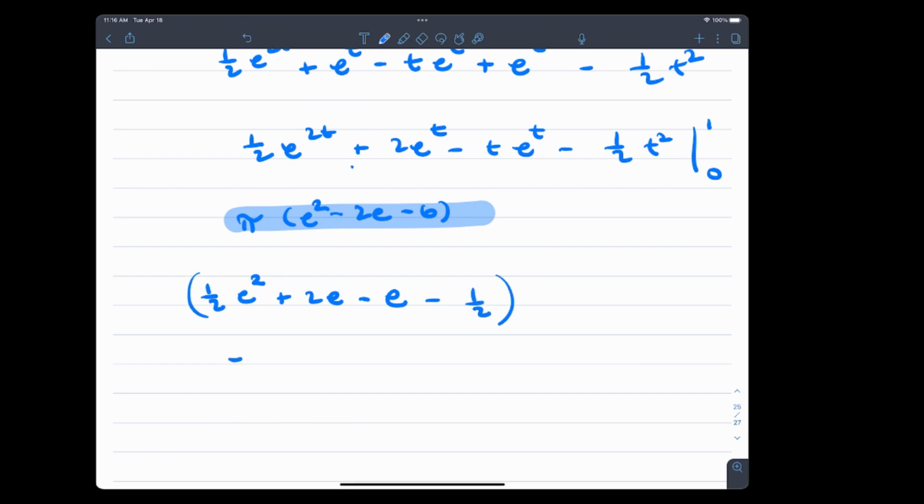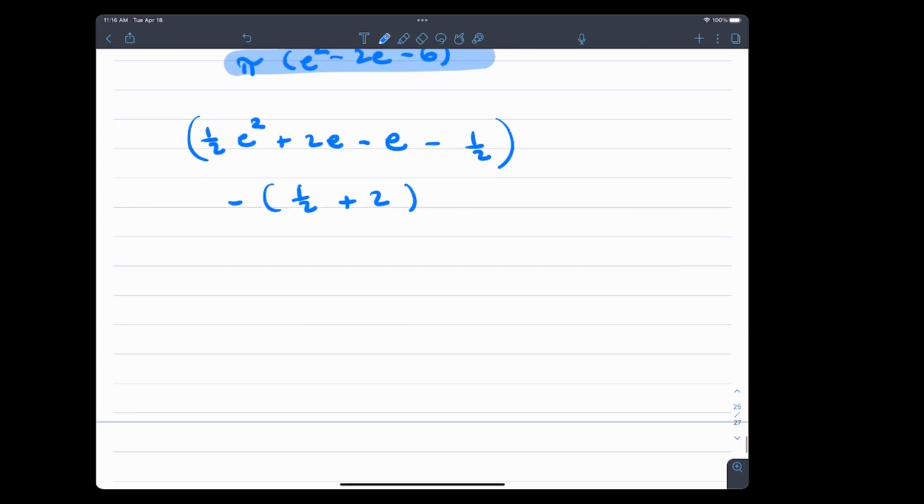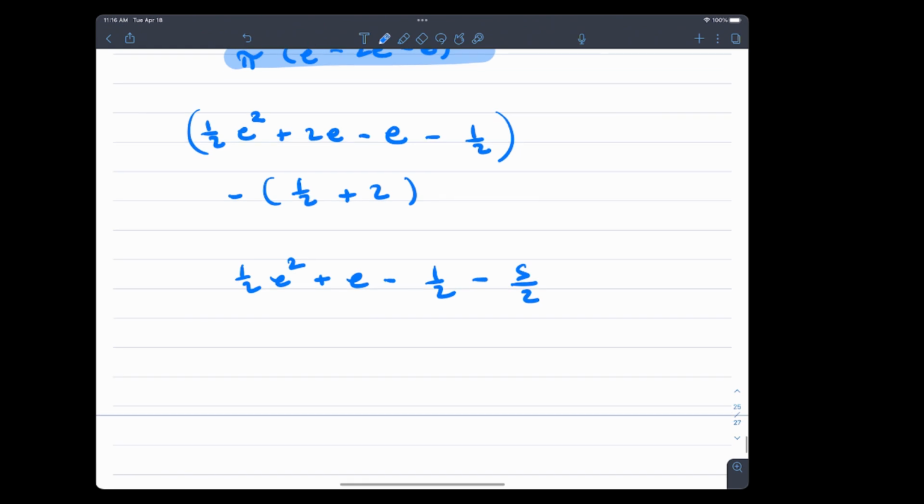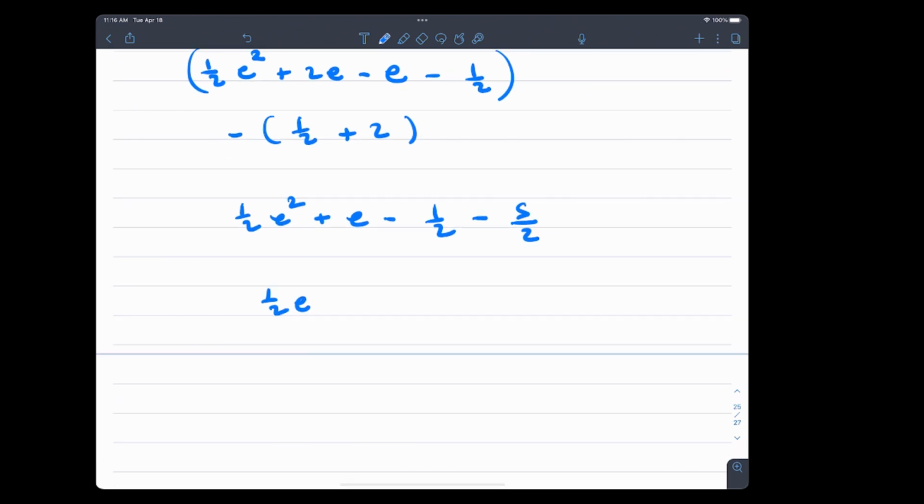Now t is 0. 1/2 e to the 0 is 1, plus 2e to the 0, that's just 0. 1/2 e squared plus e minus 1/2 minus, is that 5/2? Yes. 1/2 e squared plus e minus 6/2, which is 3.